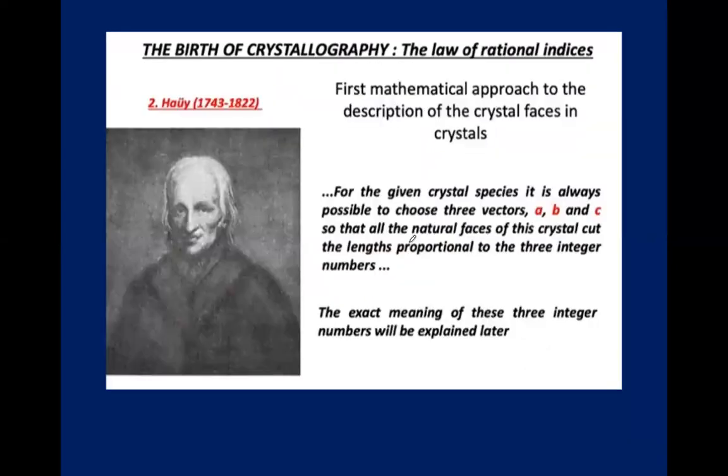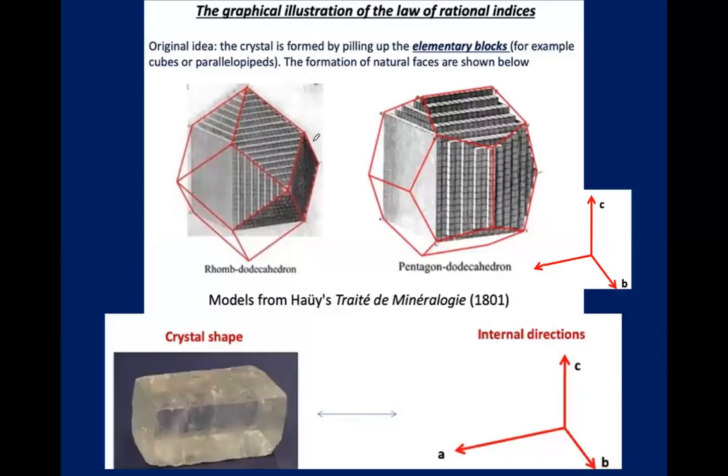This is one law, and another one, the law of rational indices. That's the second one. And you can see here the blocks, elementary blocks. Actually, it's kind of a piling up of elementary blocks, we call them.